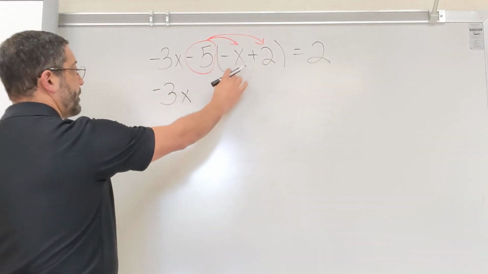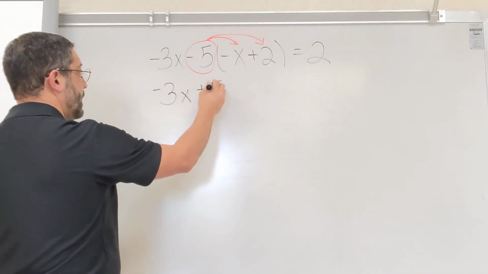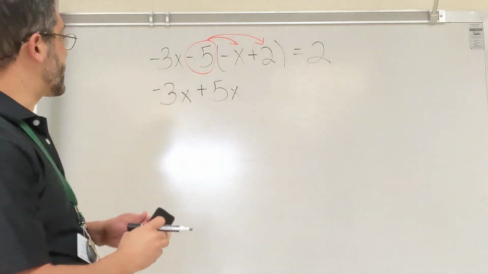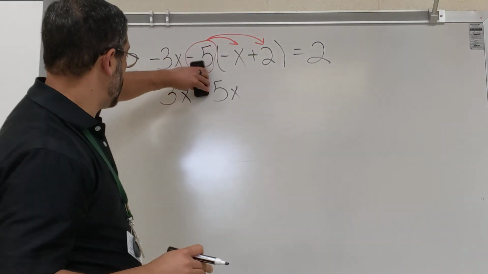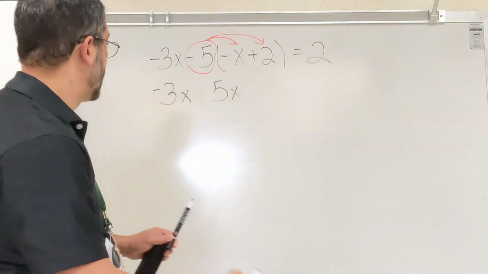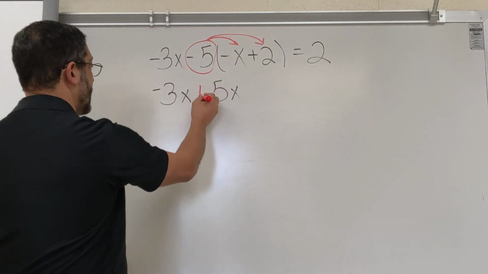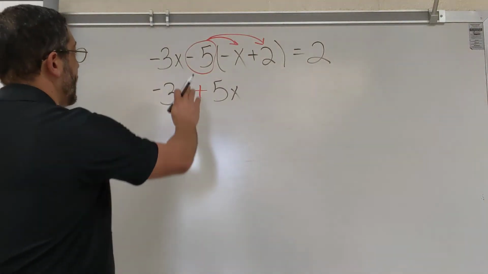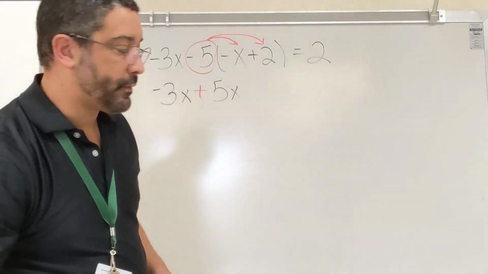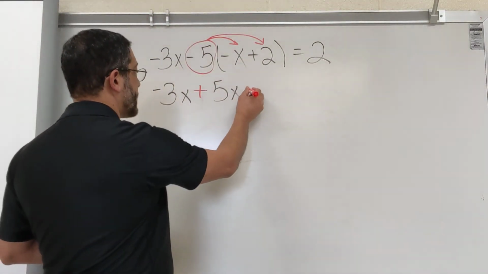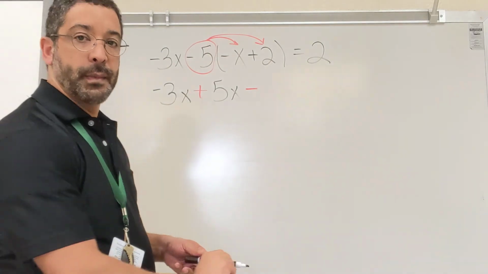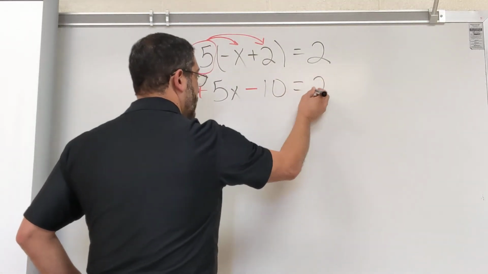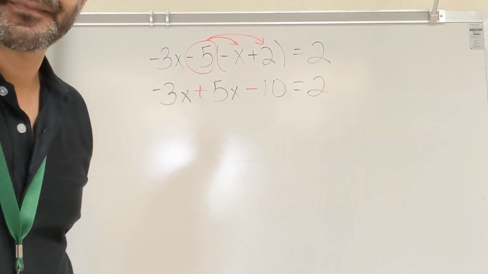So negative 5 times a negative x is going to give me plus 5x. And there again, those negatives produce a sign change. Let me just make that in red, so it stands out to us that a sign change occurred there. And then negative 5 times that positive 2 gives me another sign change. So that's going to become a minus 10. And all of that equals 2.